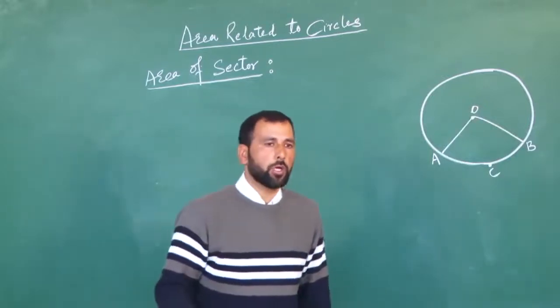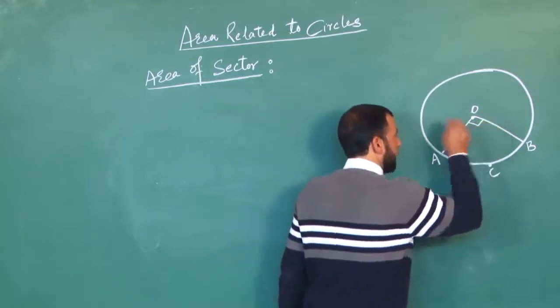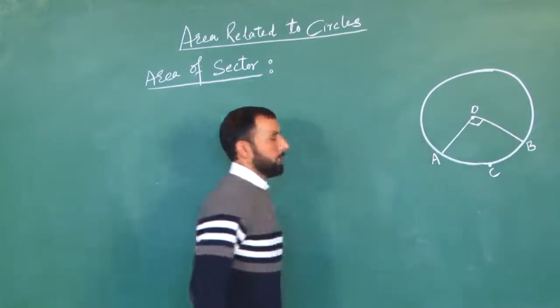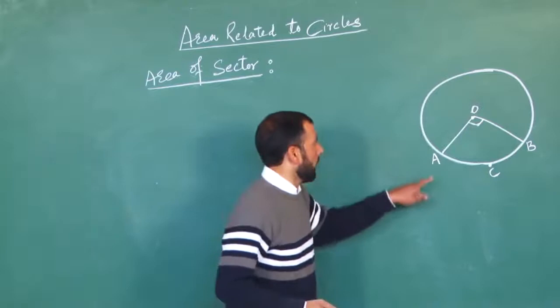How do we find the area of a sector? This angle is known as the central angle, or the sector angle. We have to find the area of this OACB.